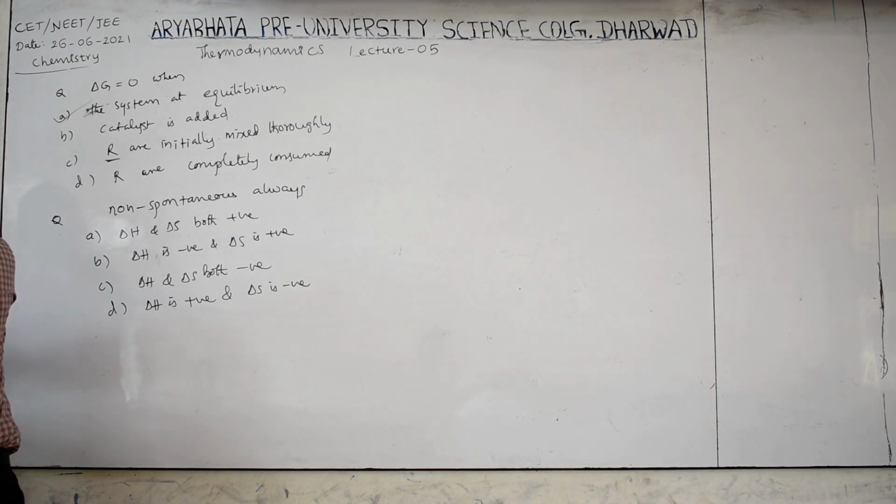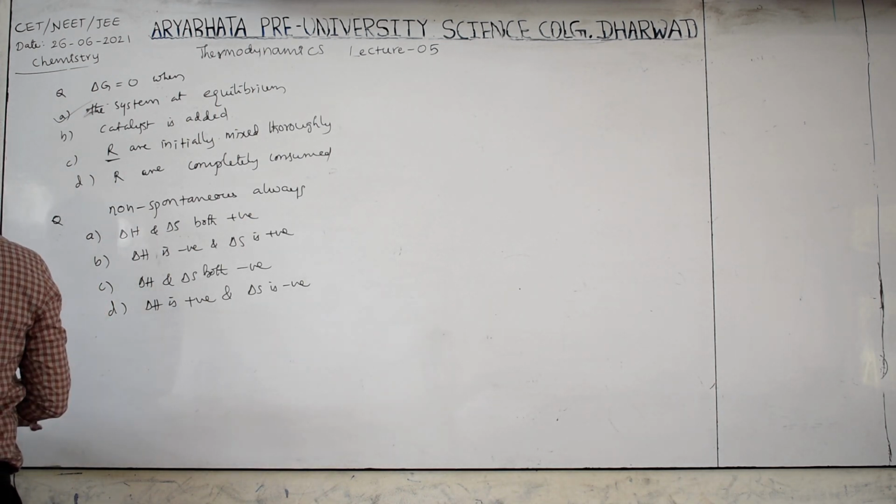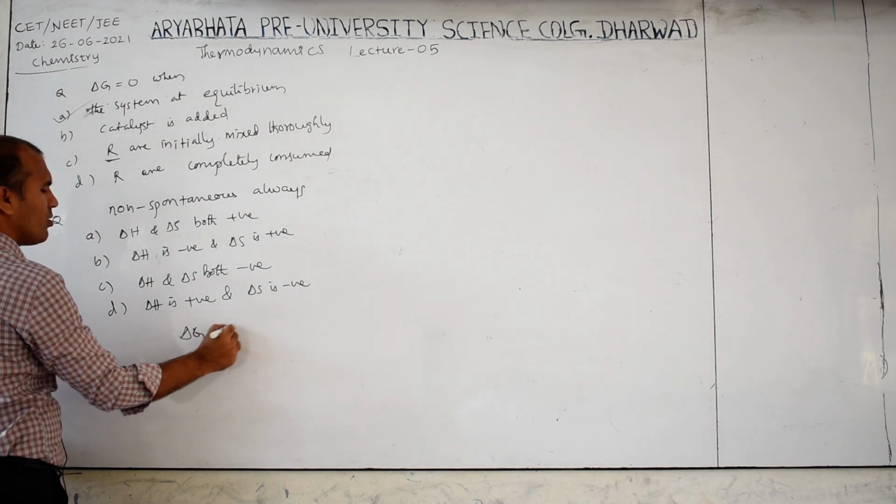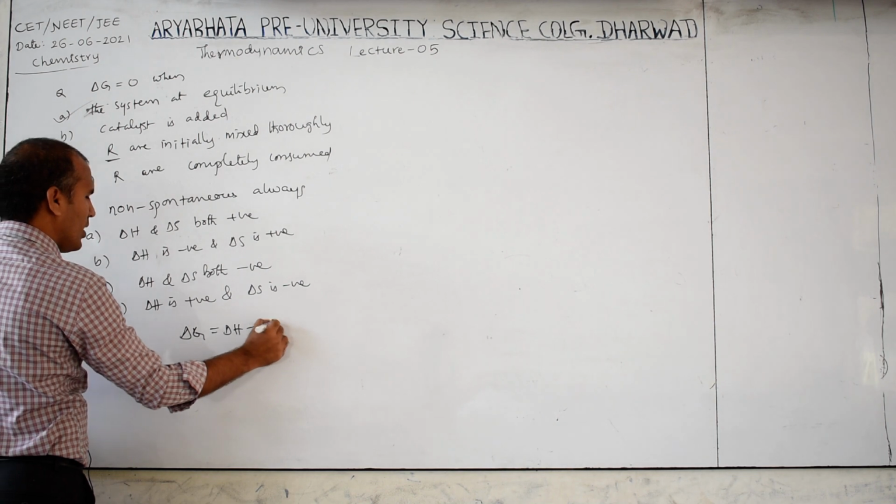So now based on this we have to answer. Keep in mind delta G is equal to delta H minus T delta S.